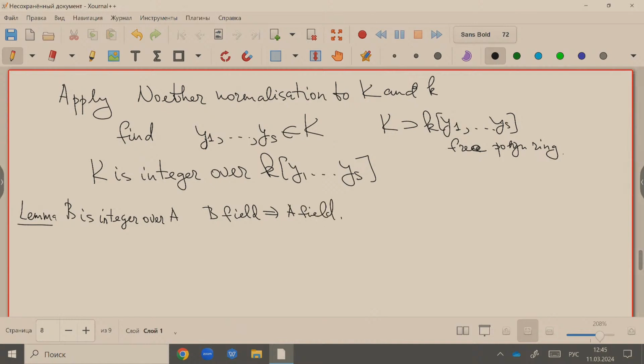So this implies that K[y1, ..., ys] is a field. But can we have such a thing to be a field?